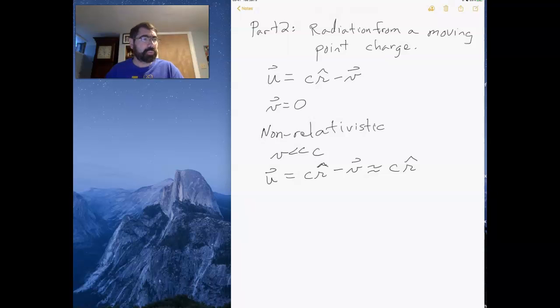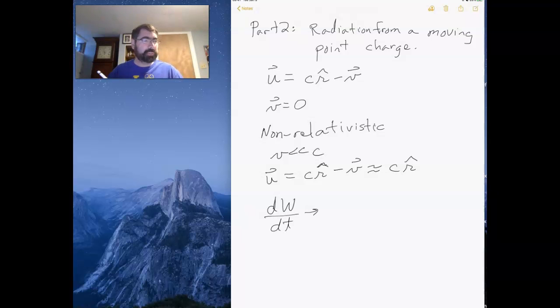Now, if I want to solve it for any value of v, from 0 all the way up to the speed of light, that becomes a much trickier problem to solve mathematically. So instead, I'd like to follow the analogy set forth in the book, and that is to consider that the power is the change in the energy with respect to time.